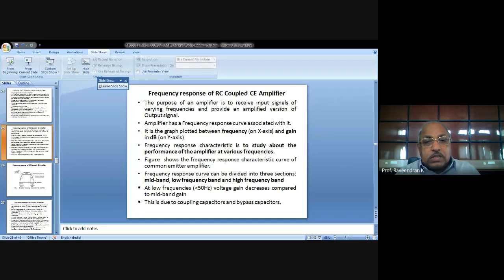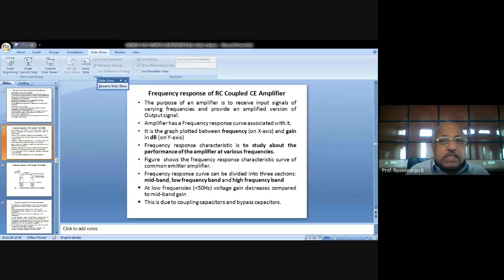Why? Because the values of these capacitors are very small, but at a very high frequency, even if the capacitance of these junctions is very small, due to the very high frequency signals handled, the capacitive reactance offered by this very small capacitance will be very much predominant in the circuit. So the capacitive reactance will be very, very small due to the increase in frequency above 20 or 30 kilohertz.